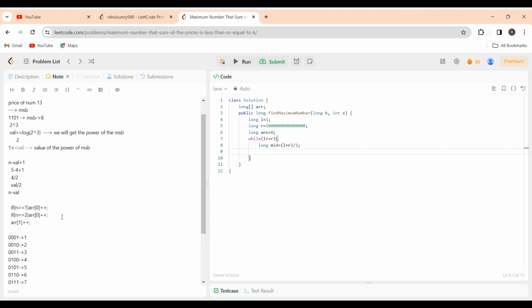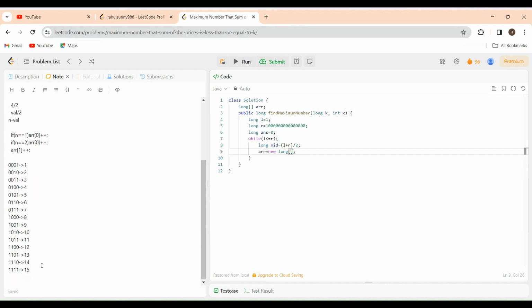For every number we need to consider the array, so I will declare it globally and initialize it for every iteration. Okay, arr equal to new long. And to calculate this, I have just used one formula here.